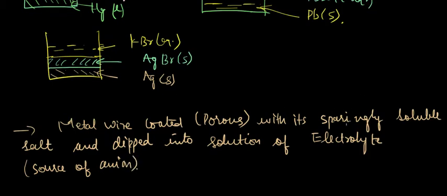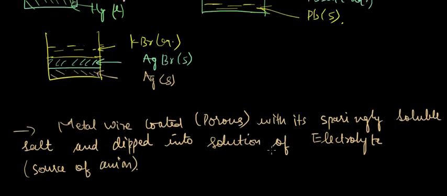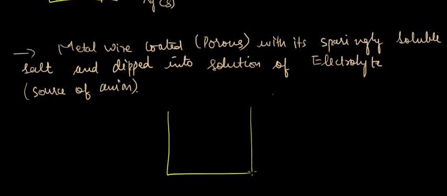Okay, so we can have such an apparatus in which, according to the above statement, we have a metal wire coated with its sparingly soluble salt. So this is the surface of, let's say, silver, and this surface is coated with a layer of its sparingly soluble salt.